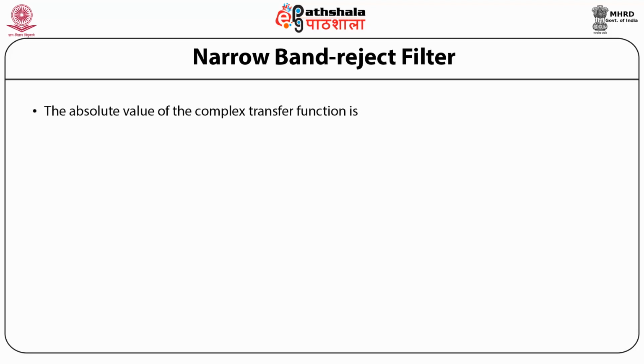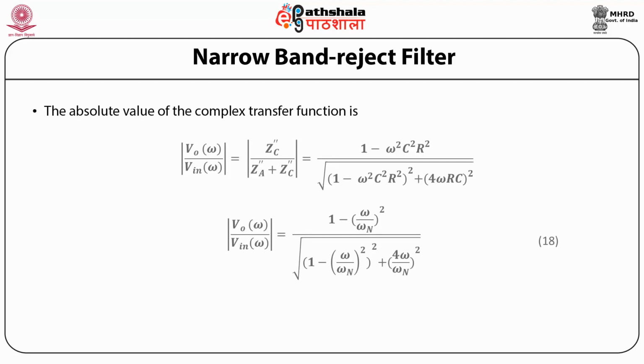The absolute value of the complex transfer function is given by modulus of V naught of omega divided by Vn of omega equals modulus of ZC double prime divided by ZA double prime plus ZC double prime. This equals 1 minus omega square C square R square divided by square root of, 1 minus omega square C square R square whole square plus 4 omega RC whole square.